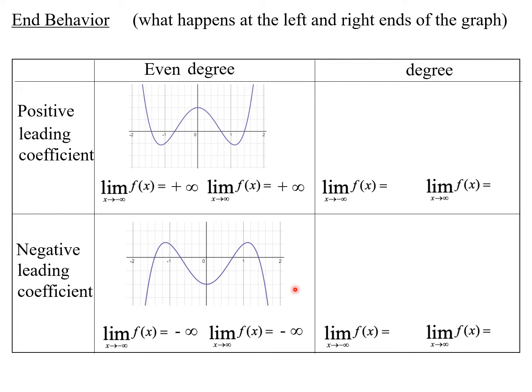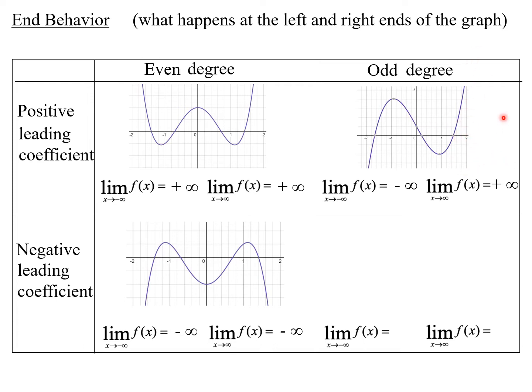Now let's examine functions of odd degree. For example, a cubic type function, which in general looks like this. Now the limit of f of x as x goes to negative infinity is negative infinity. It goes down forever. While as x approaches positive infinity, the function approaches positive infinity.